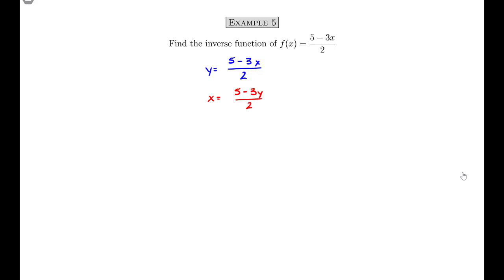And now we take this new function that I have in red and we solve it for y. So we first multiply both sides by 2. Then I will subtract 5 from both sides. And then divide everything by -3.